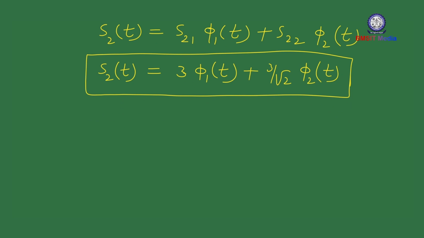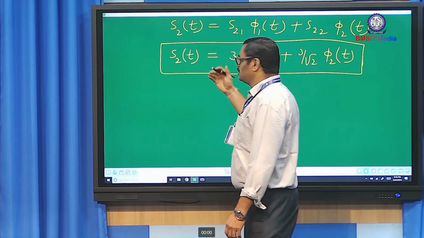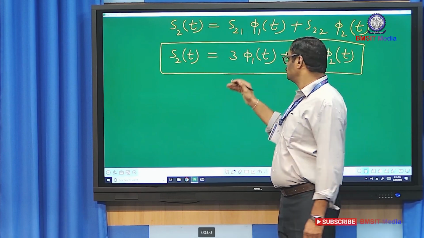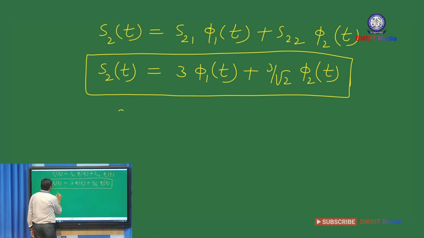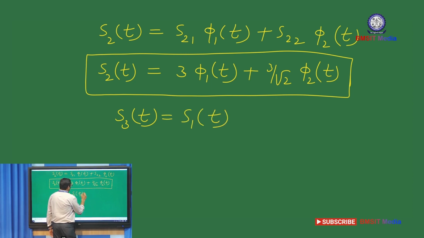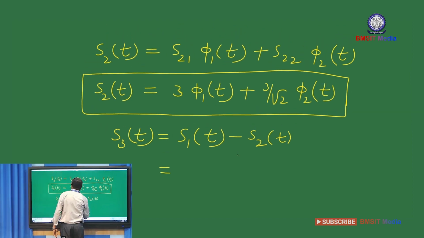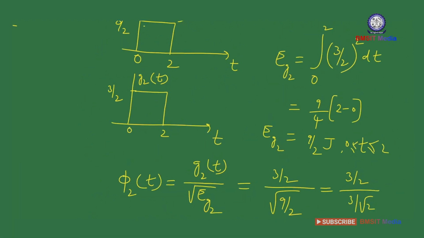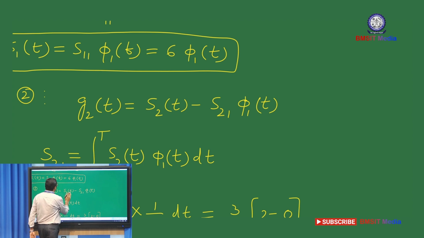I already expressed S3 of t as the subtraction of S2 of t from S1 of t. I know what S1 of t and S2 of t are, so I can express S3 of t in terms of the basis functions. S3 of t is equal to S1 of t minus S2 of t. S1 of t I have expressed as S11 phi 1 of t, which is nothing but 6 phi 1 of t.